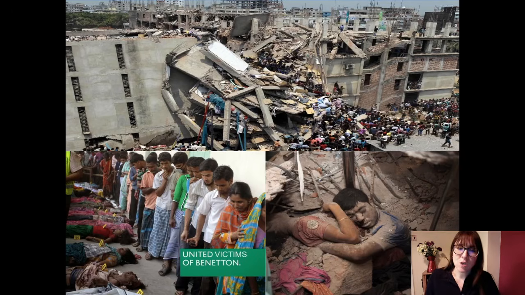And this is the reality of it. Because when you say 1,100 people died, you can't really understand or think about what it is that happened. But looking at these pictures, for me, is heartbreaking.